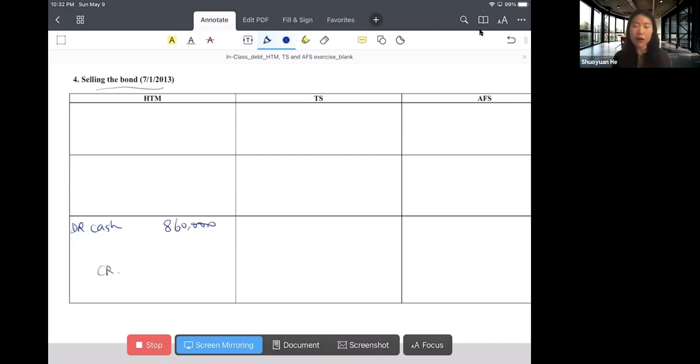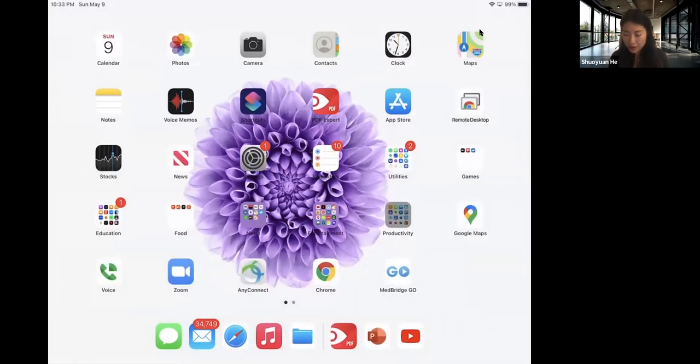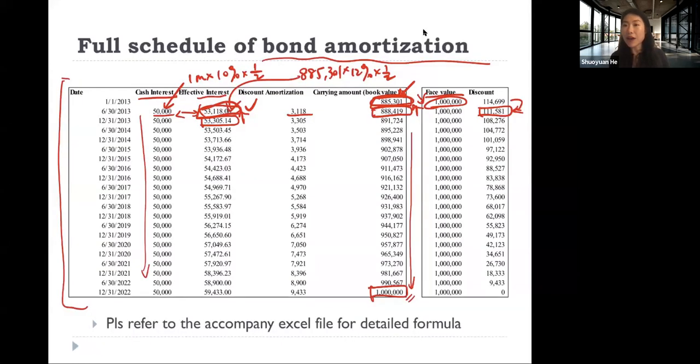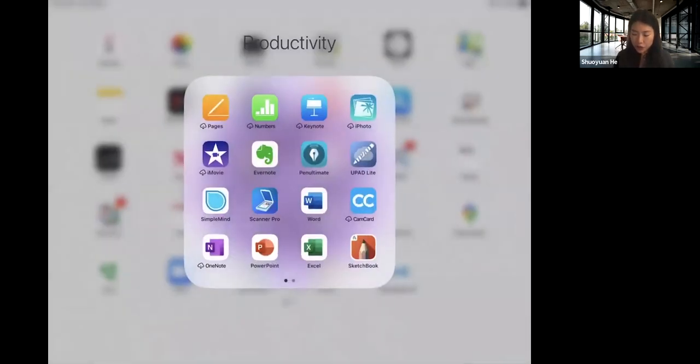And we need to write off the bond from the firm's book. If we look at what we have on the firm's book regarding this bond, we have a face value of 1 million. And the discount on bond investment, after the first amortization, still has a balance of 111,581. So we need to write off these two accounts.